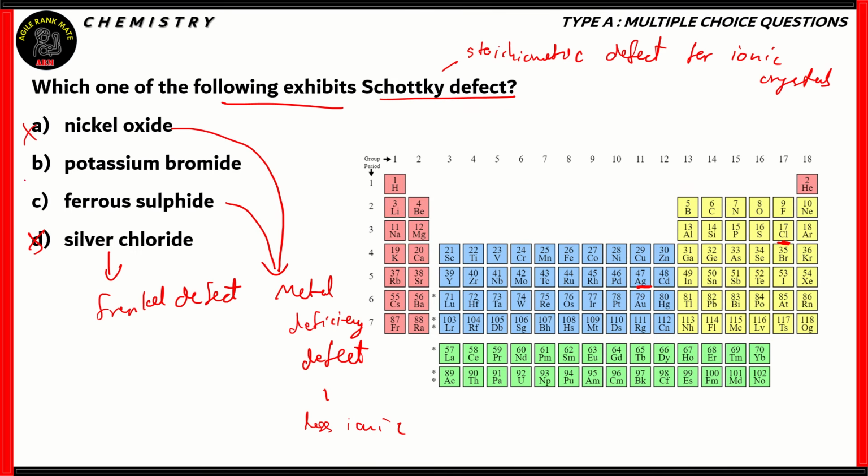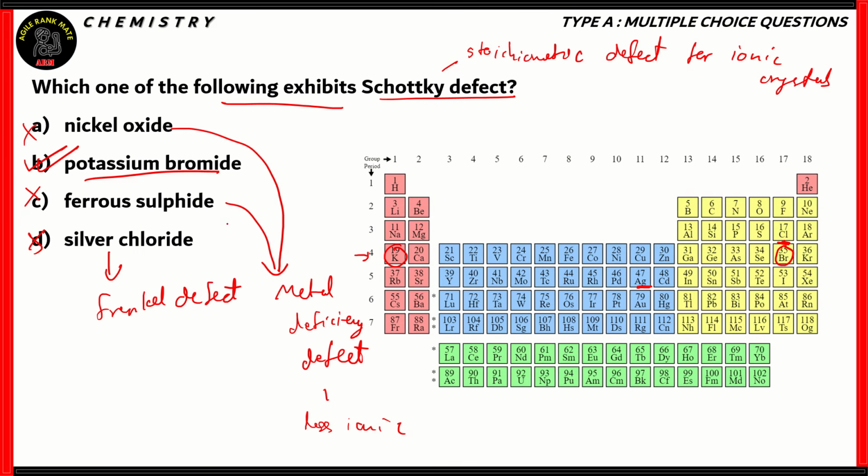So therefore options A and C are incorrect. The right answer is option B, potassium bromide. As you can see, they are in the fourth period, and potassium is the alkali metal and bromine is the halogen. So usually between alkali metals and halogens, their crystals exhibit the Schottky defect because both of those ions will be missing from the crystal structure.